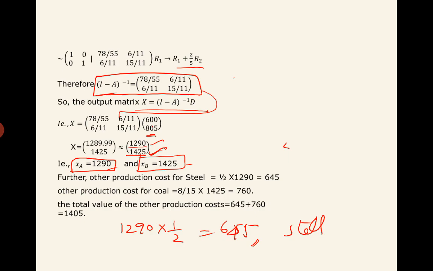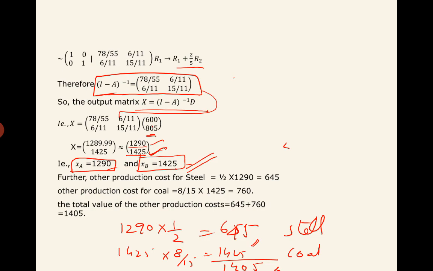And XB, 1425 multiplied by its ratio 8 over 15, you will get the value for coal. When you find the total, it will be 1405. This is the total production cost of the other sector, isn't it? That's the end. If there is no question about total other cost, you finish here.